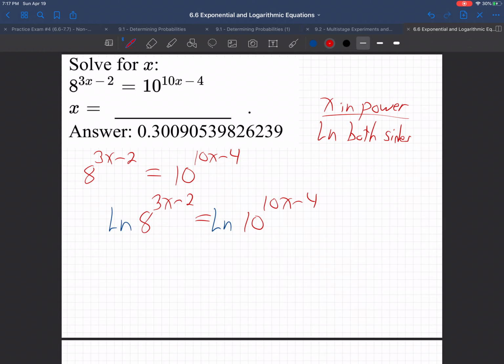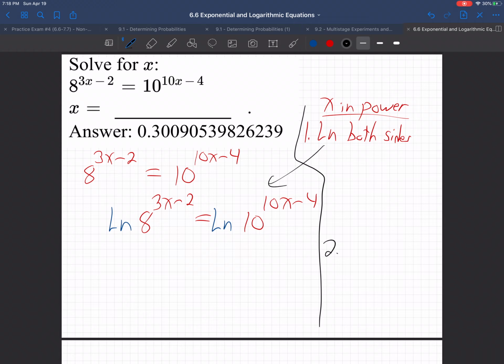So we put the natural log on both sides. And then step 2. So that is step 1. That was all step 1, ln of both sides.